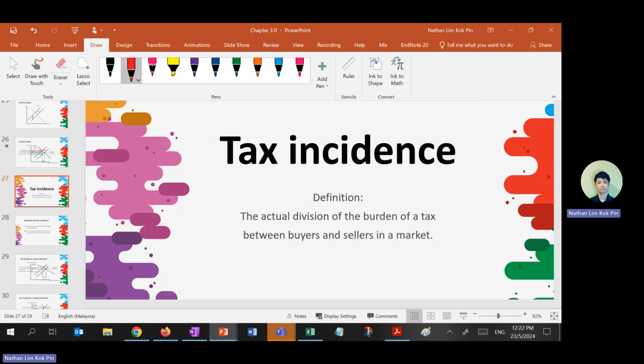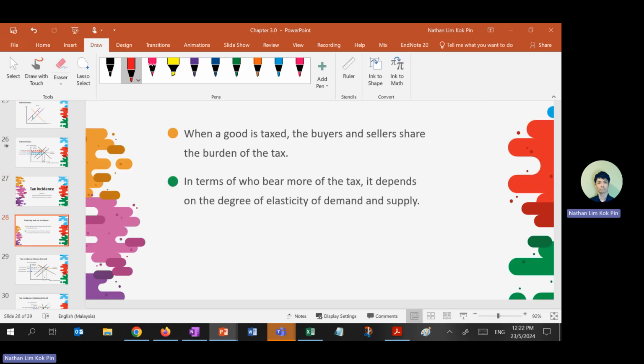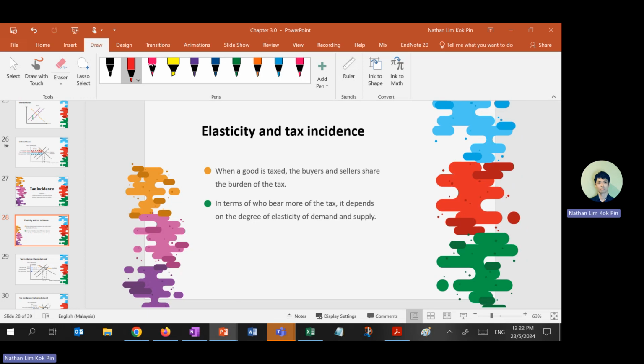We want to analyze who absorbs more tax. Who absorbs more tax is based on elasticity. That's why if you are not doing very well in the elasticity chapter 2.1, you will be facing a lot of problems and trouble in chapter 3.